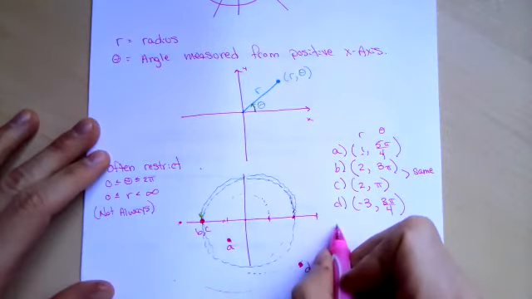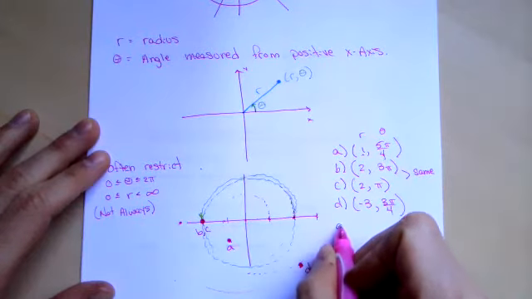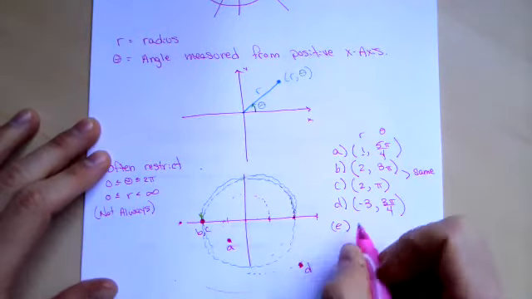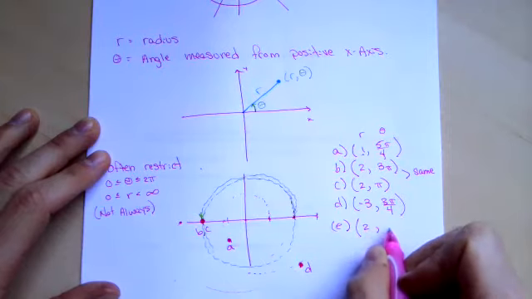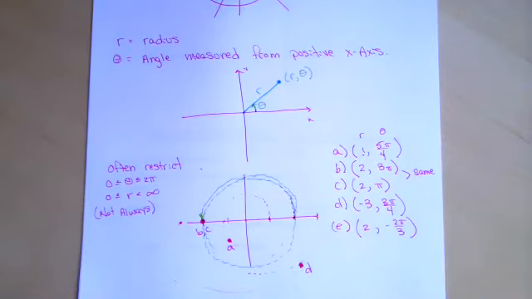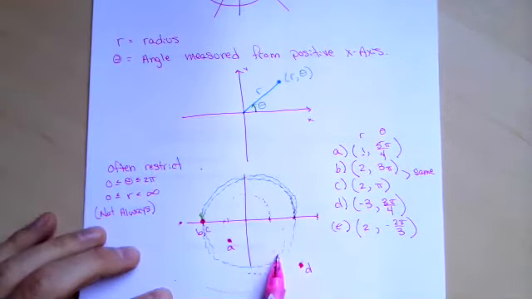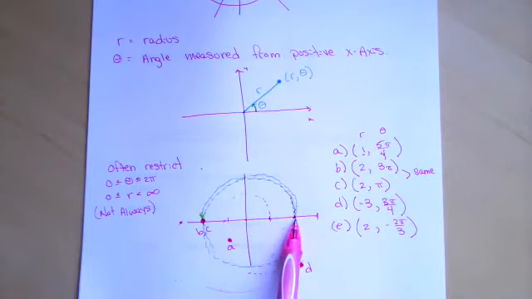And then I was also going to bring up, well, what happens if our angle is negative? Let's call this point E. I could say something like 2, negative 2 pi over 3. So a negative angle just means we are rotating in the opposite direction. So in this case, our radius is positive. We're going to walk over 1, 2, and then now I'm rotating minus 2 pi over 3 along that circle of radius 2.